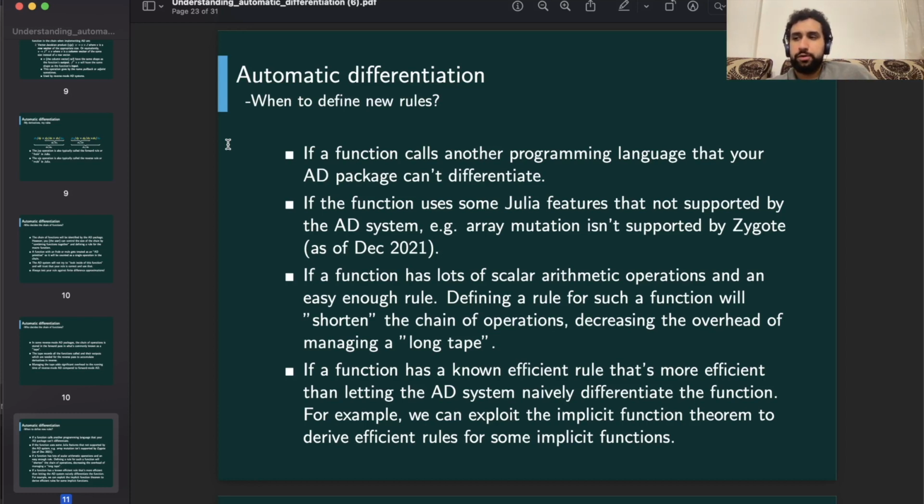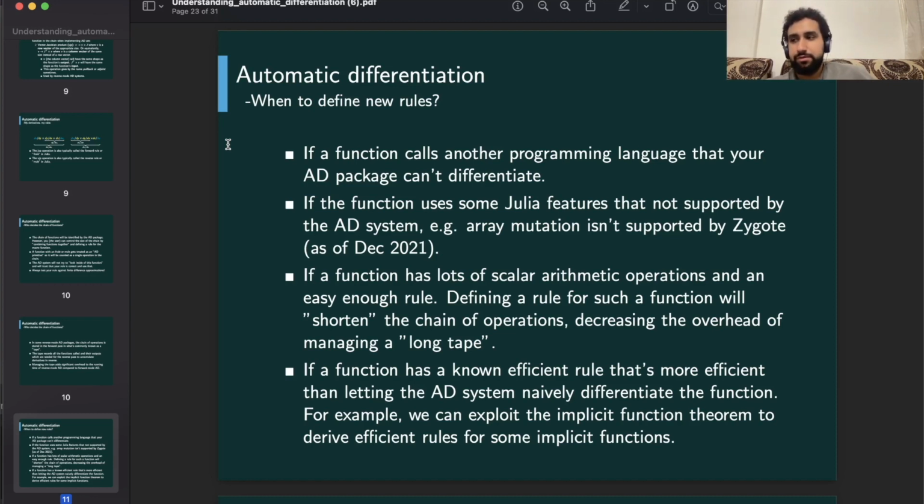Right, so recall that mixing forward mode and reverse mode AD can sometimes be useful. One way to do it is actually to define a forward rule, and inside this forward rule, you're actually using a reverse mode AD package to compute the derivatives instead. Or you define a reverse rule, and inside this rule, you use a forward mode AD package to compute derivatives instead. Or you use an AD package from another language to compute derivatives.